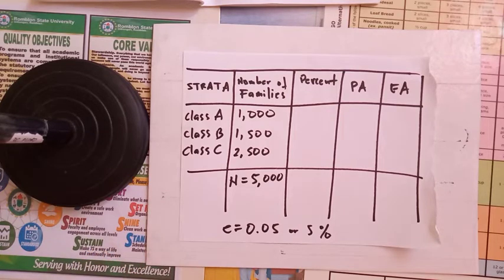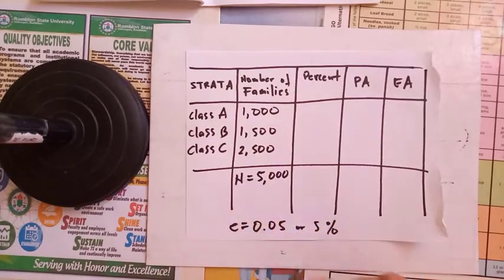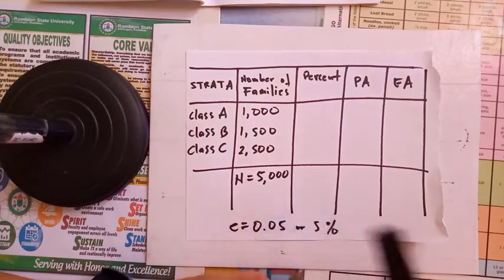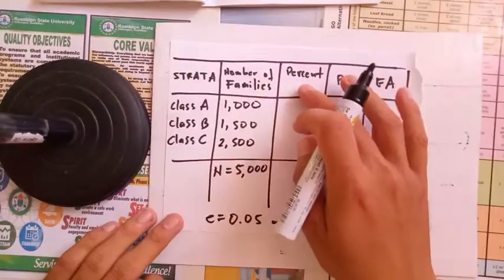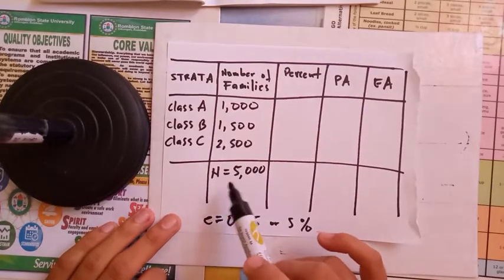So, to calculate the percent, we have to divide our number of families by the N. So that would be 1,000 divided by 5,000. To get the percent, we have to divide the class by the total number, which is N, or the 5,000.